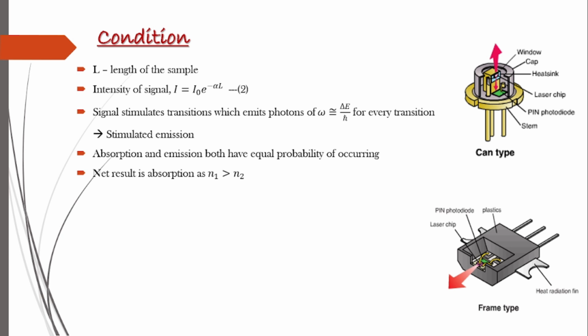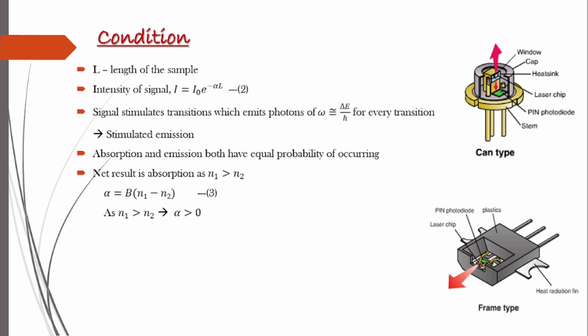Therefore, the absorption coefficient alpha is equal to B into N1 minus N2, where B is the probability constant. As N1 is greater than N2, alpha is greater than 0. That is, the absorption coefficient is positive, which just means that the absorption rate is greater than the emission rate.